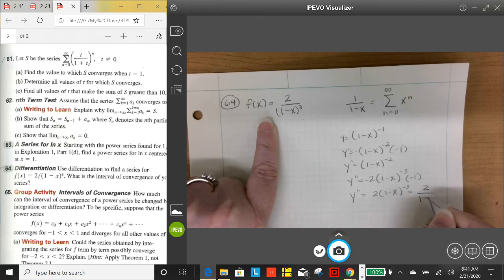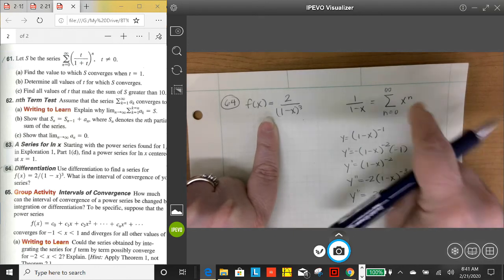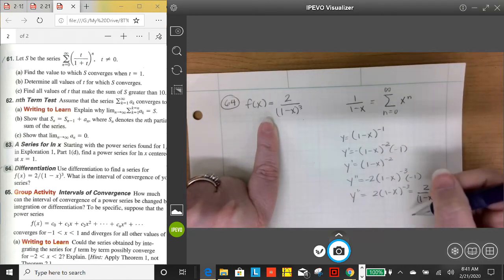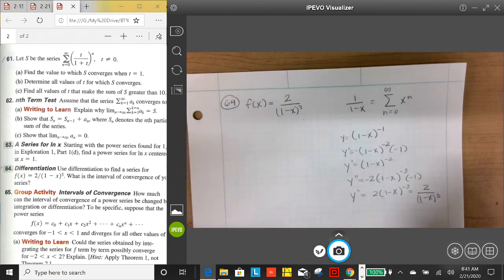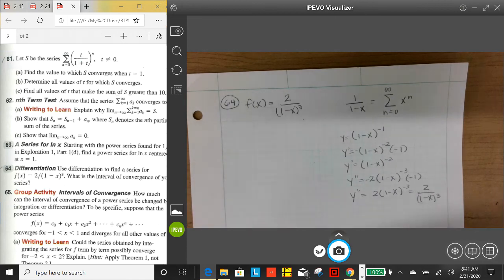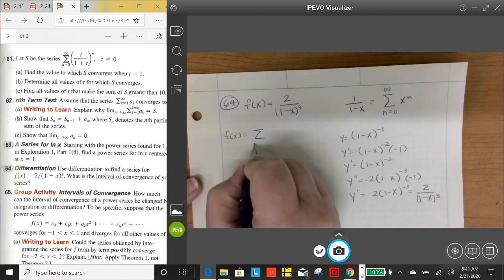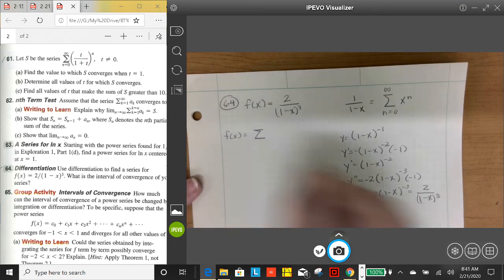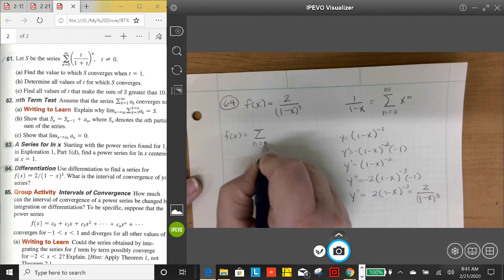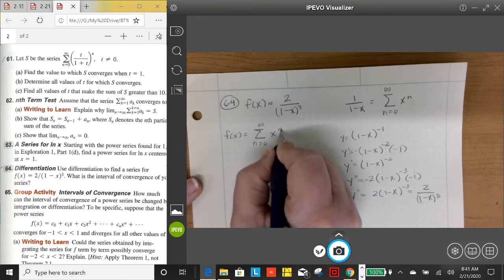So what do I need to do? I need to take the derivative of this power series twice. So it's asking me for y double prime, basically. All right, so I'm going to say f of x is equal to the sum, or 2 times the sum. Oh, no, I don't even need 2 times. The sum from n equals 0 to infinity of x to the n.